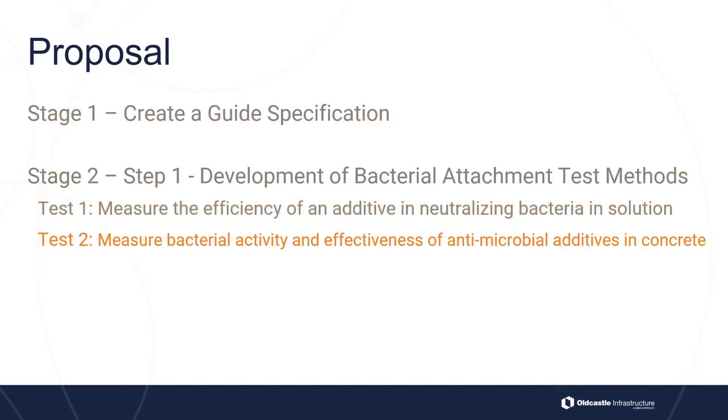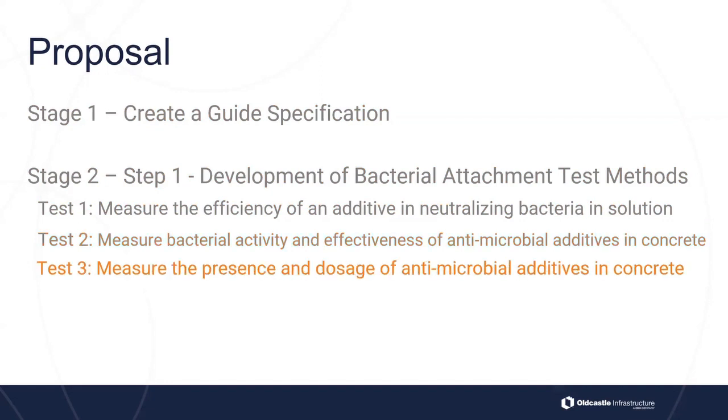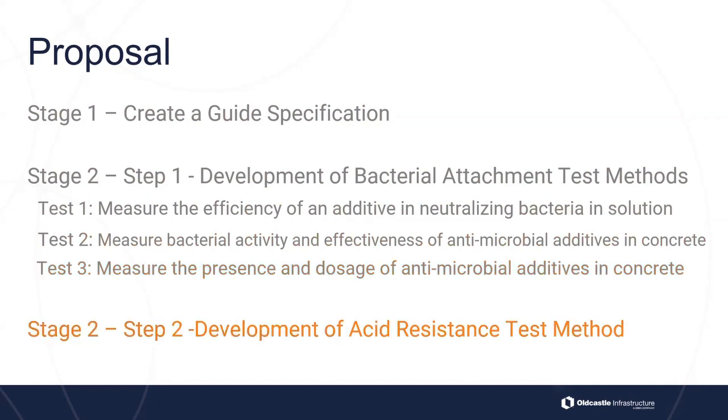And then test 2 would measure bacterial activity and effectiveness of antimicrobial additives in concrete. And test 3 is measure the presence and dosage of antimicrobial additives in concrete. So stage 2, step 1 is that development of those bacterial attachment test methods. And then stage 2, step 2 would be development of acid resistance test method to see what we can do with concrete mixes to make it hold up a little bit better in highly acidic situations.